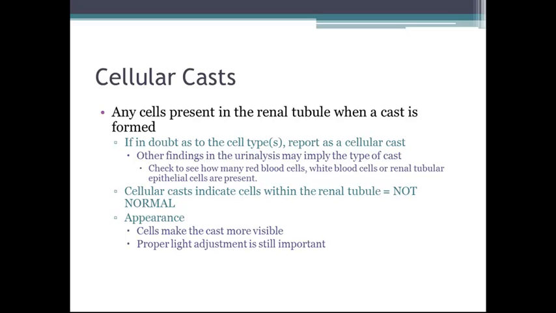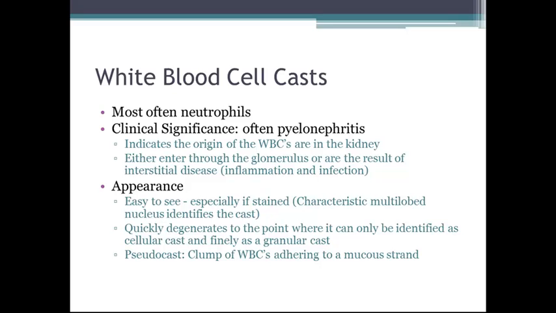Check to see how many red blood cells, white blood cells, or renal tubular epithelial cells are present. Cellular casts indicate cells within the renal tubule, which is not normal. Appearance: cells make the cast more visible, and proper light adjustment is still important to help with identification.